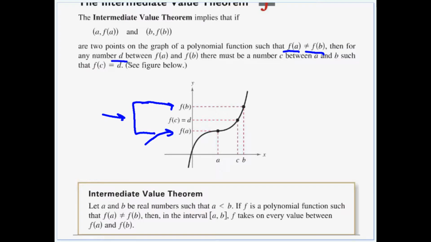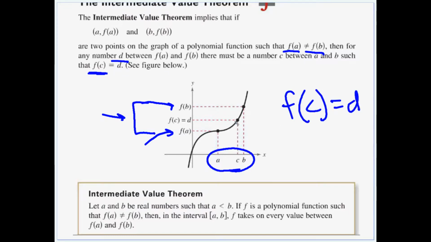Then for any number d somewhere in between there, here they got their red dotted line in the middle, d between f of a and f of b, there is some number c down here between a and b on the x-axis, such that when we put c into the function, out pops the d. f of c is equal to d. Remember that d just represents our height over here on the y-axis.